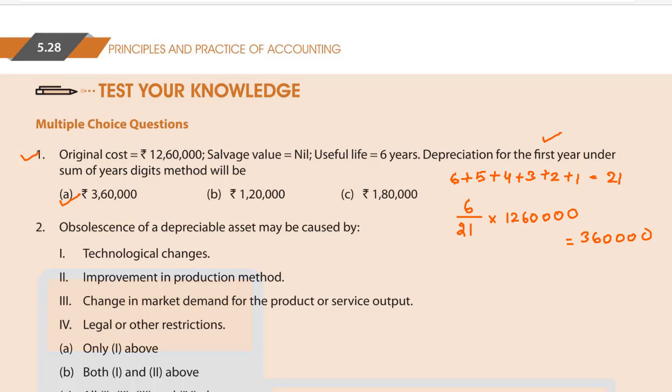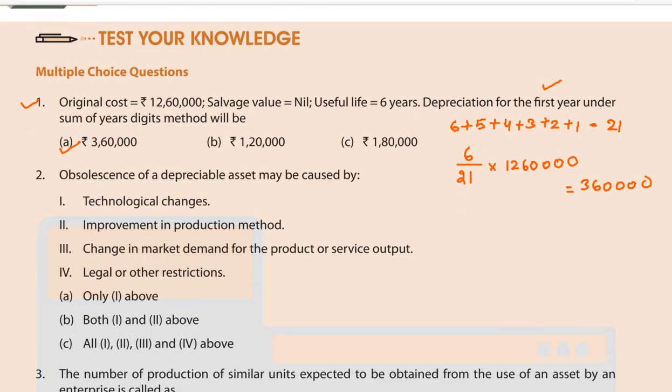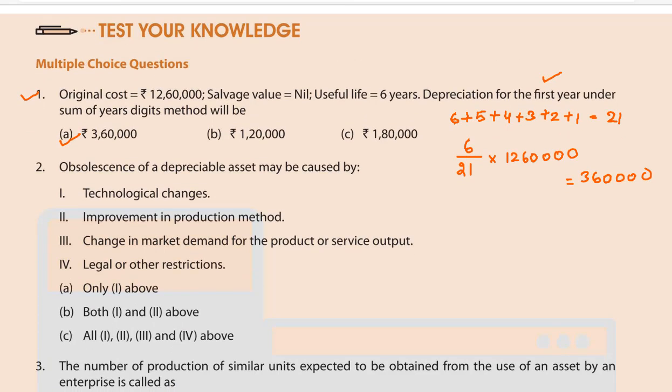Question 2. Obsolescence of a depreciable asset may be caused by: first, technological changes; second, improvement in the production method; third, change in market demand for the product or service output; fourth, legal and other restrictions.